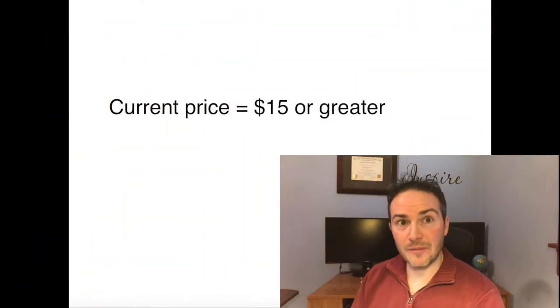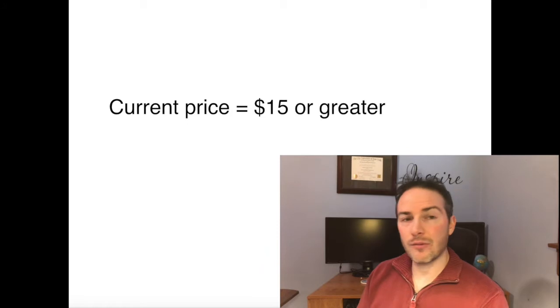The current price to be at least $15 or greater. And the reason why we have that as a parameter is because a lot of these institutions can only begin trading stocks when they achieve a certain price level, and that threshold is typically $15.